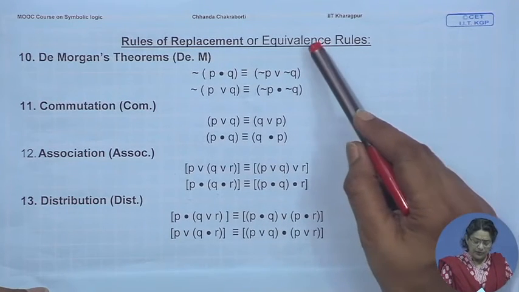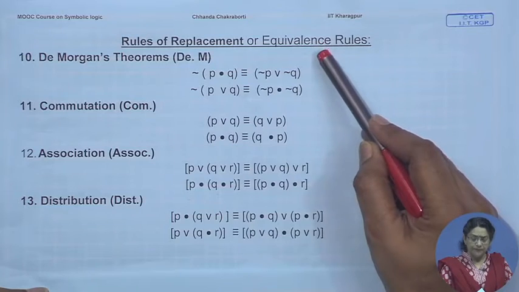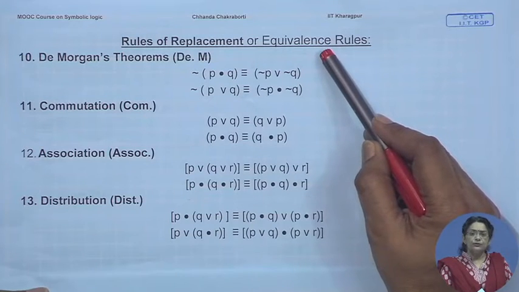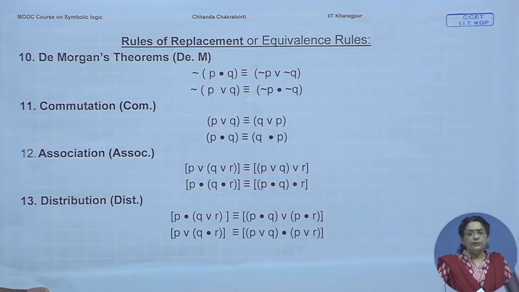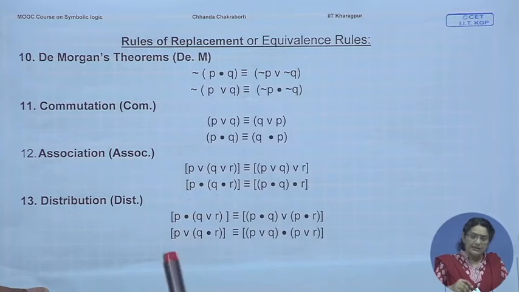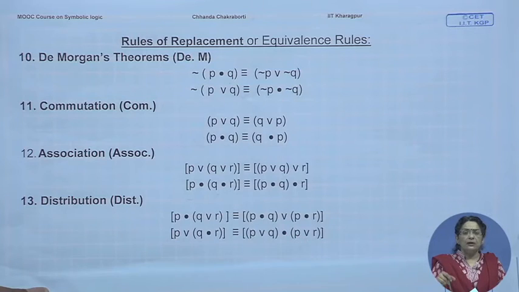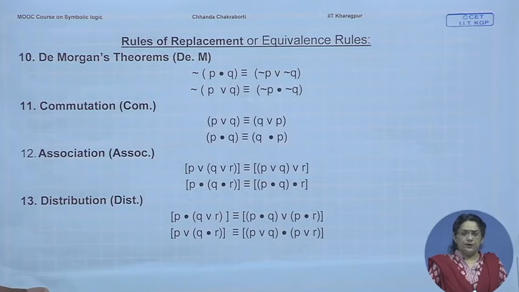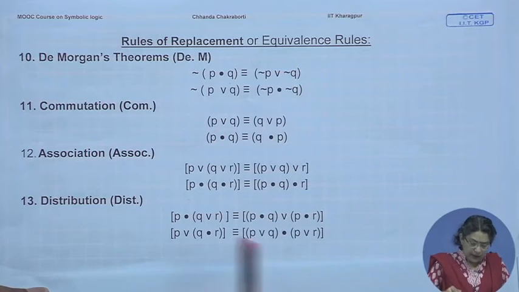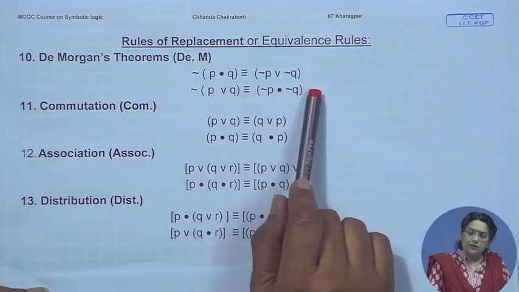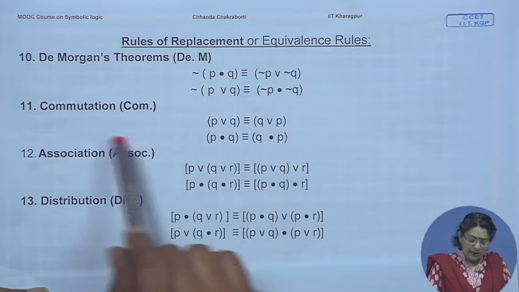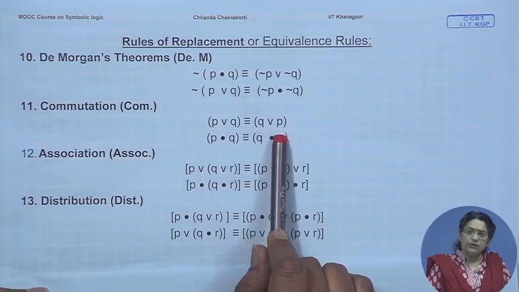I suggest that you also pay attention to the name, that these are actually rules of replacement. So, in a way you are not deriving anything. What you are doing is replacing one expression with an expression of the same meaning and same truth value. That is how De Morgan's theorems, for example, have to be read. This is how commutation has to be read.